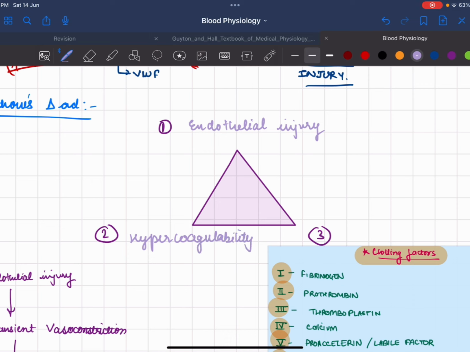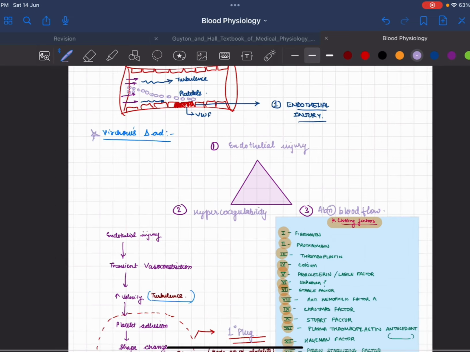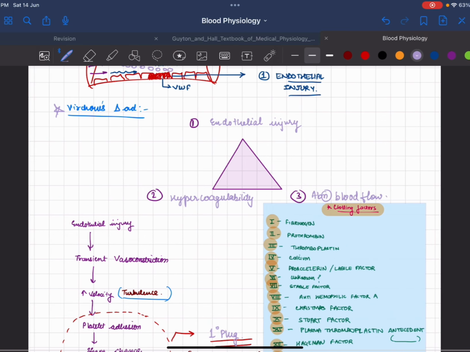Thirdly, we have abnormal blood flow. Okay, these are the three components of the Virchow's triad. Fine. So, what does Virchow's triad tell us? Virchow's triad actually tells us about stasis of blood.